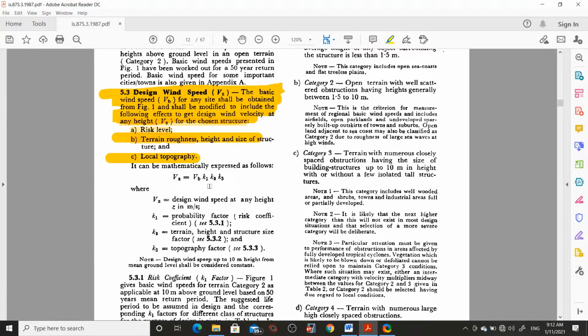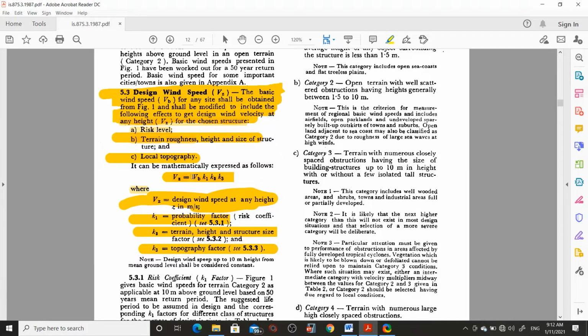So here is the equation. Vz is equal to Vb into K1 into K2 into K3. So what is Vz? Vz is the design wind speed. Okay, we have to find out design wind speed. Then K1 is the probability factor, K2 is terrain and height structure factor, and K3 is the topography factor. Okay, and Vb is the basic wind speed.